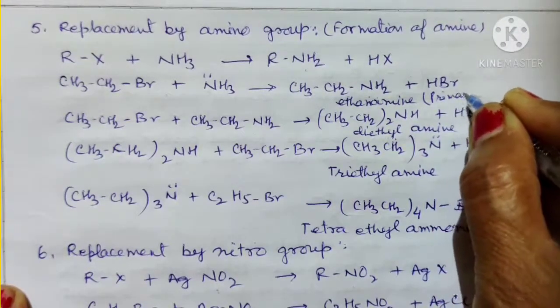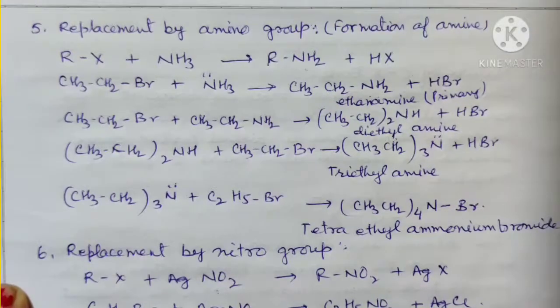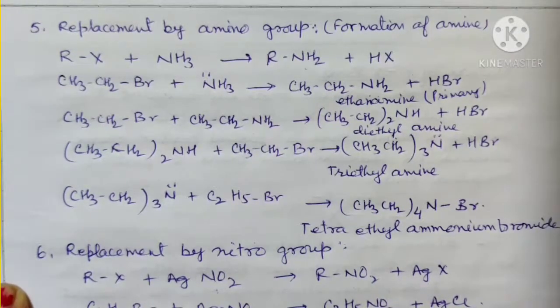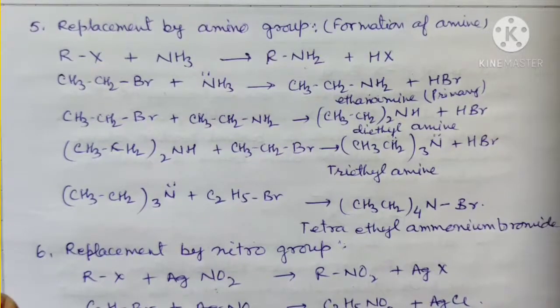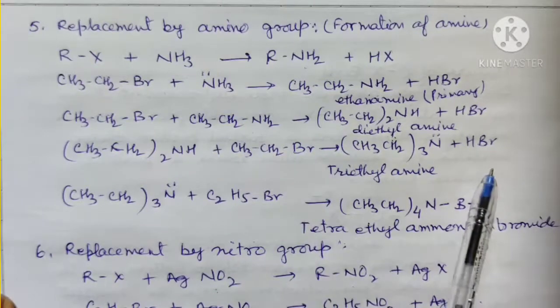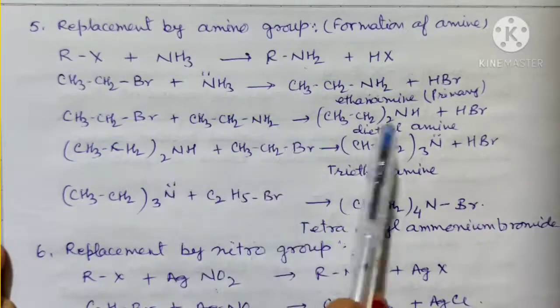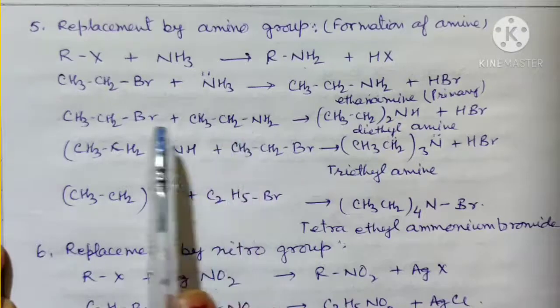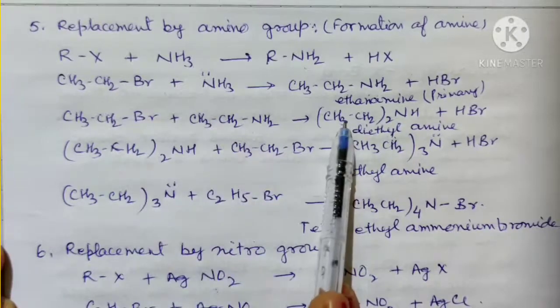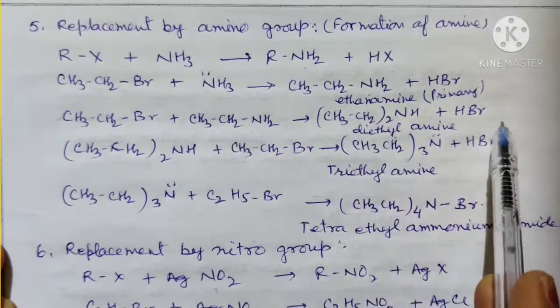This is a primary amine. In case haloalkane is in excess, the other two hydrogen atoms of the amino group are also replaced by alkyl groups, leading to the formation of secondary and tertiary amine, as you can see here. Now when this primary amine reacts with the haloalkane, it forms secondary amine, diethylamine.